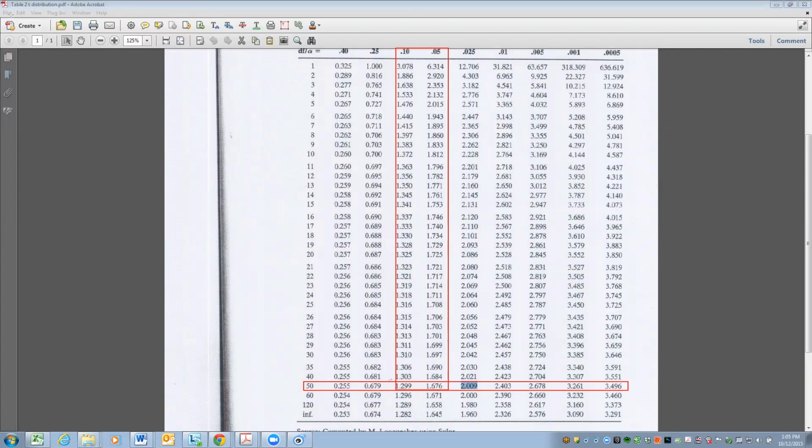So one tail has probability between 0.05 and 0.10. So total p-value is twice that. So we know that 0.1 is less than p is less than 0.2.